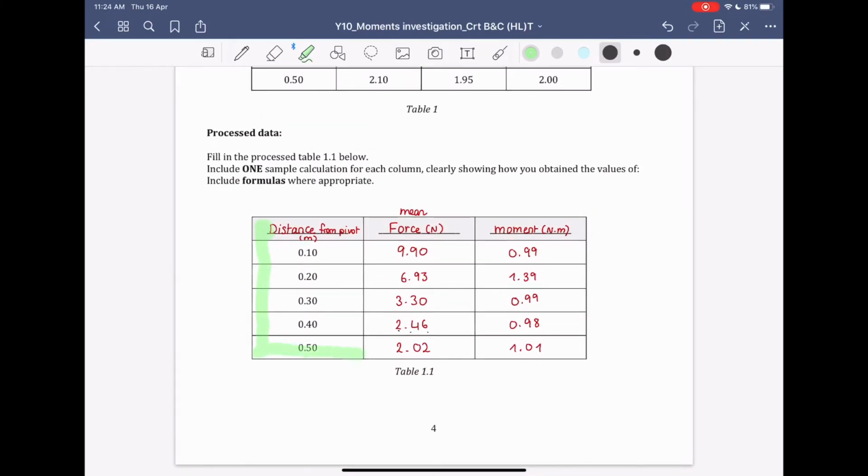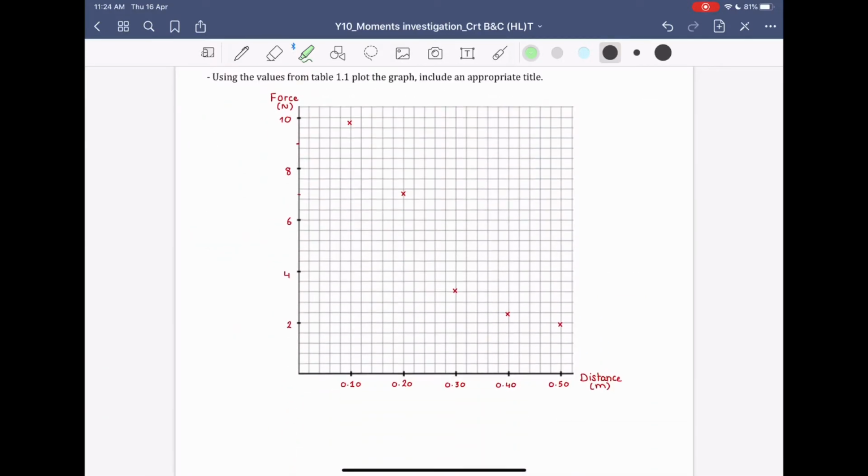Okay, so this is my data that I will plot on the graph. Now, as you can see, distance will go to the x-axis, force will go to the y-axis. Next, you're going to plot the dots. Of course, you will place the labels and the correct scale. I'm not going to talk about this. You should all know how to do it.